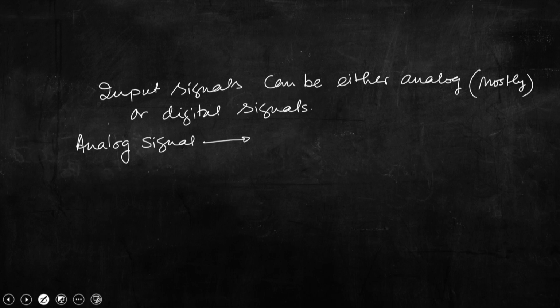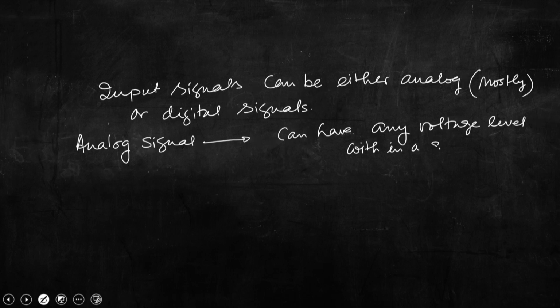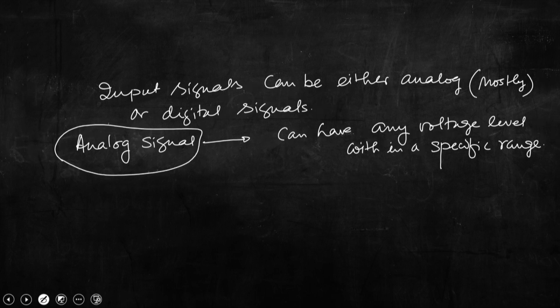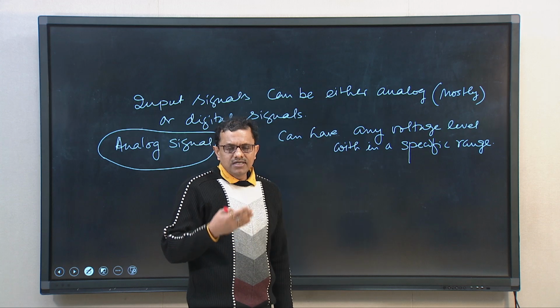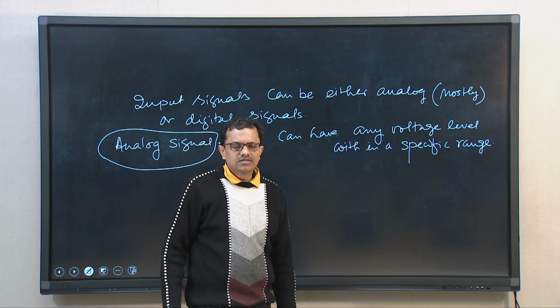then this particular signal can have any voltage level within a specific range, right. Quite important to know are the physical quantities that are monitored as analog signals.